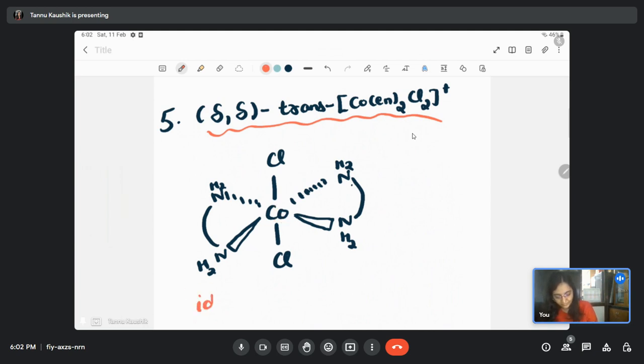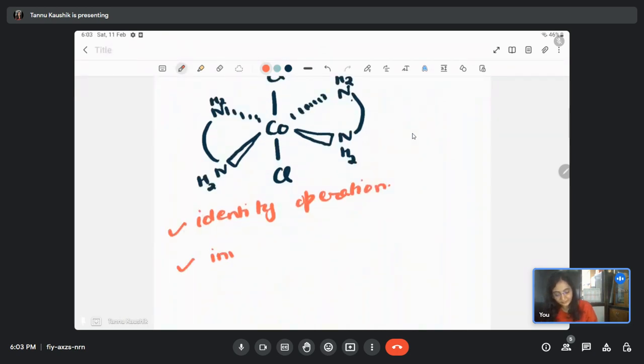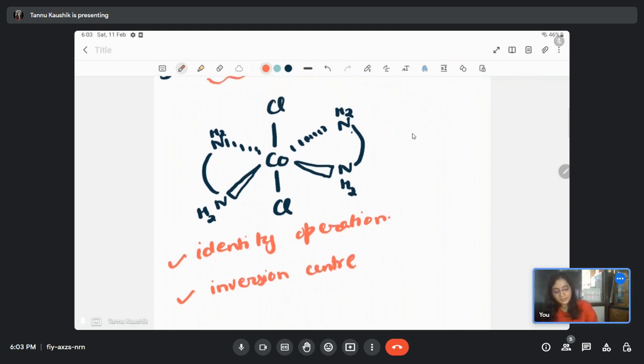So here the operations we have are identity operation always present, but we have an inversion center also, because if you see this molecule, this cobalt atom and these two chlorine atoms are present in the plane of the board, and this amine group is coming forward and one is backward to it, like trans to it.